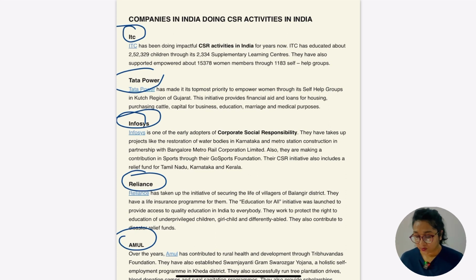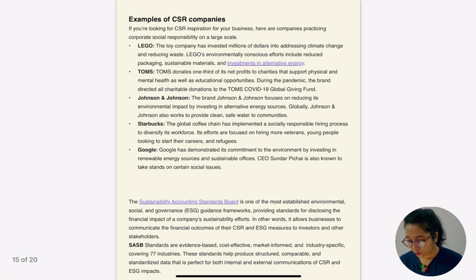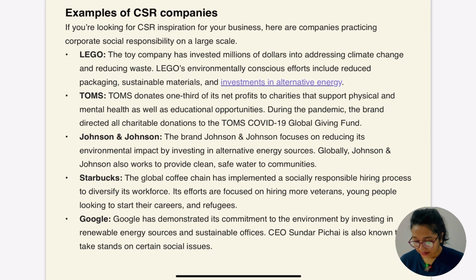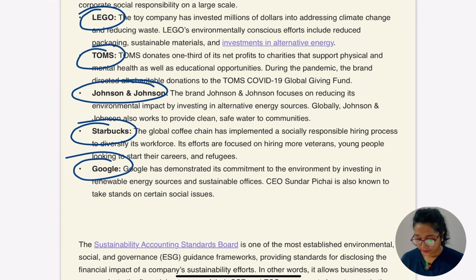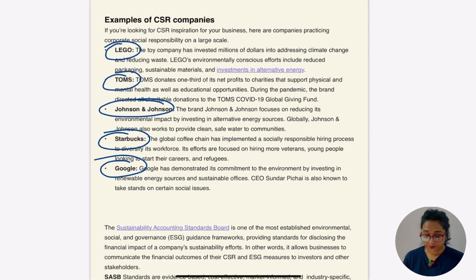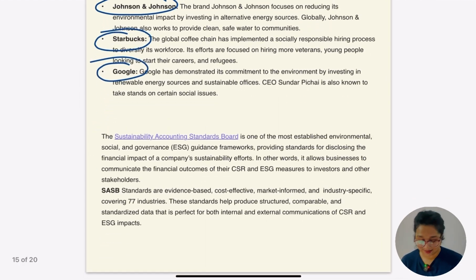So they are companies doing really great, definitely in financial performance and for environmental and social purposes. Okay, hope this point was clear. And there are some other examples apart from Indian companies: Lego, Tom's, Johnson & Johnson, Starbucks and Google, okay, so they are also top contributors of CSR.